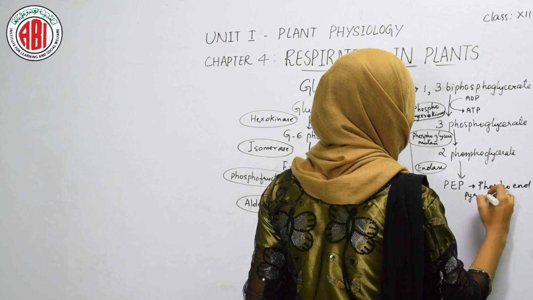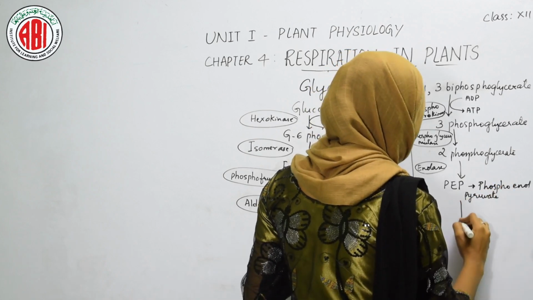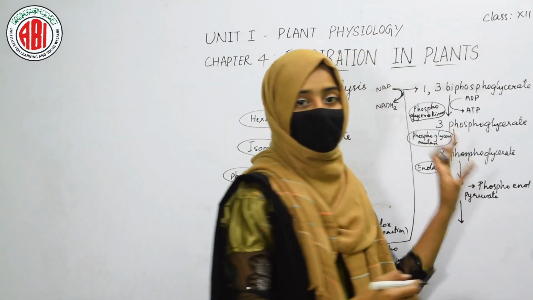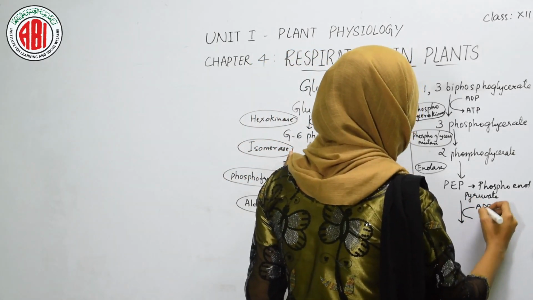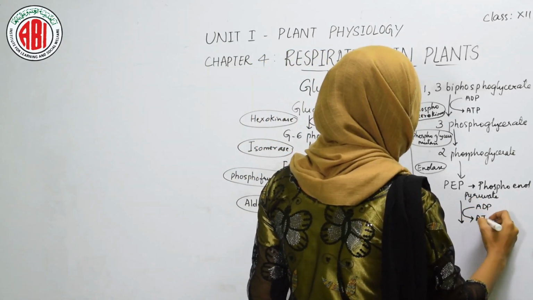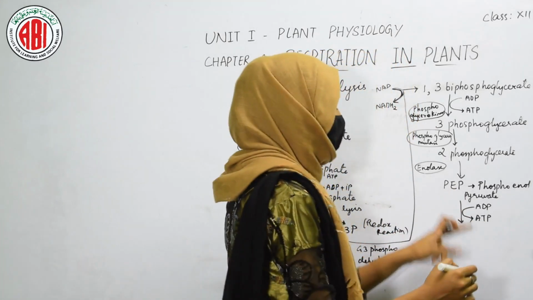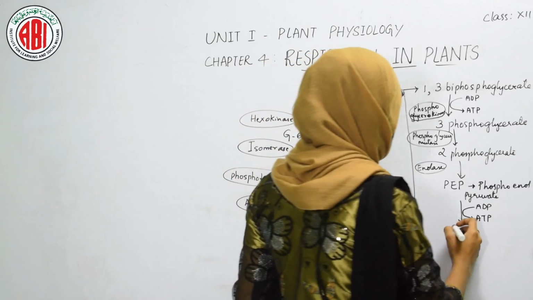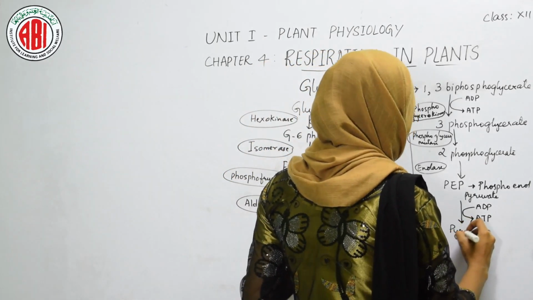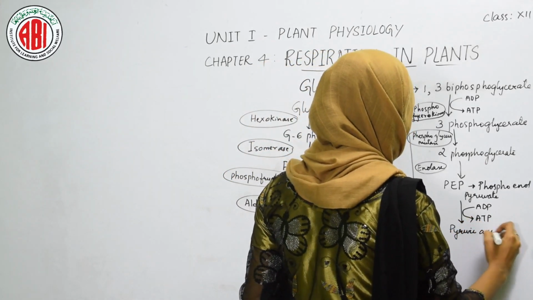Phosphoenol pyruvate is a compound in which the phosphate group is present, and that phosphate group is added to adenosine diphosphate, which results in the synthesis of ATP. This is also a step where ATP gets synthesized and it results in the formation of pyruvic acid.